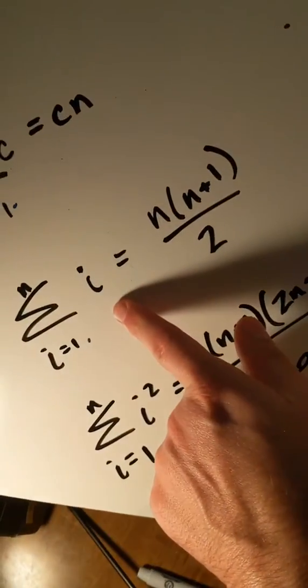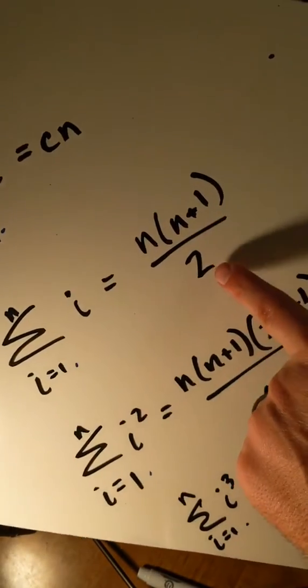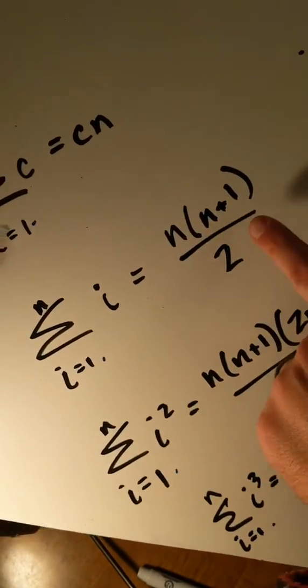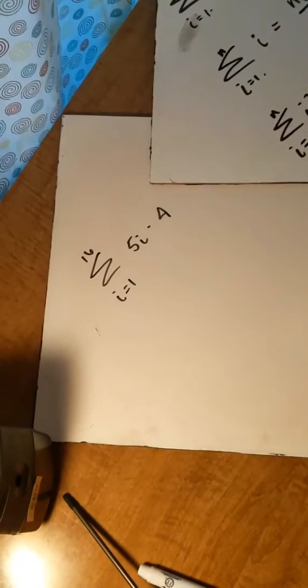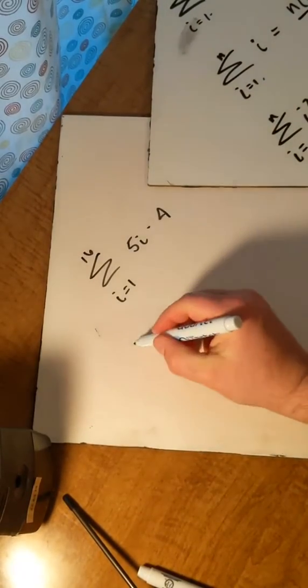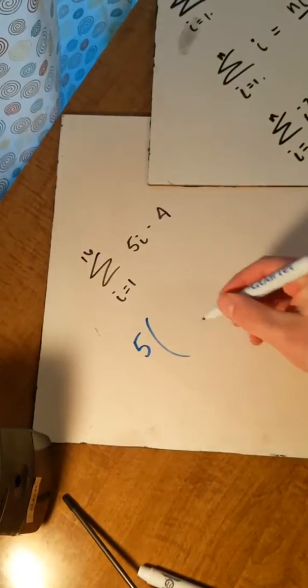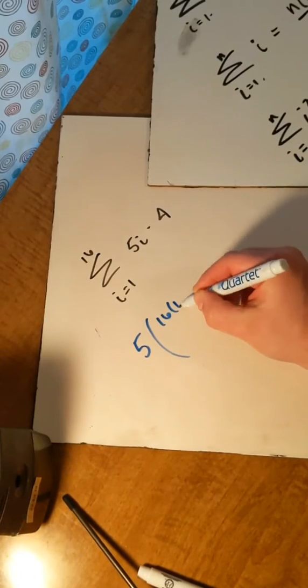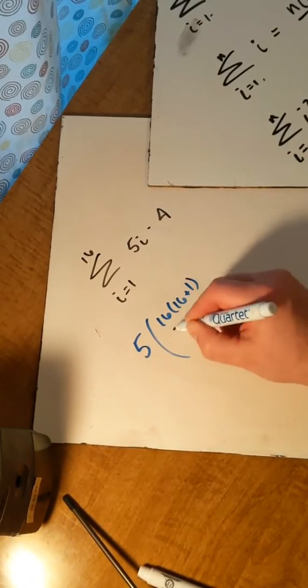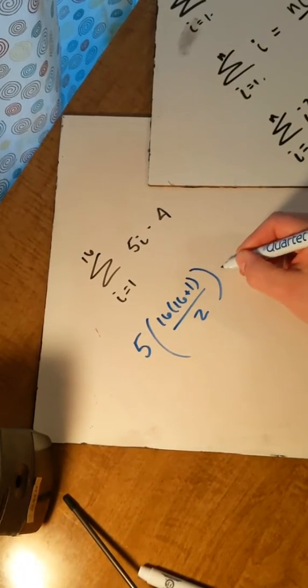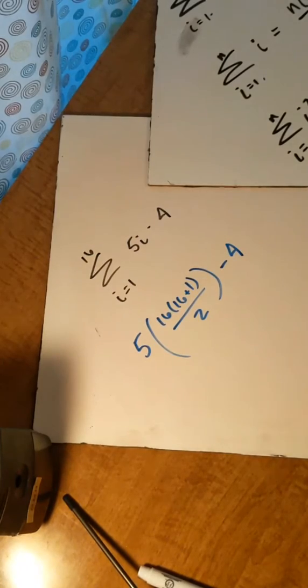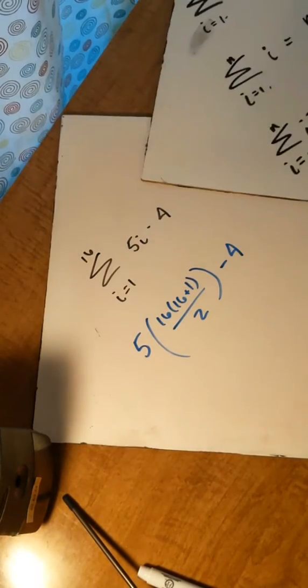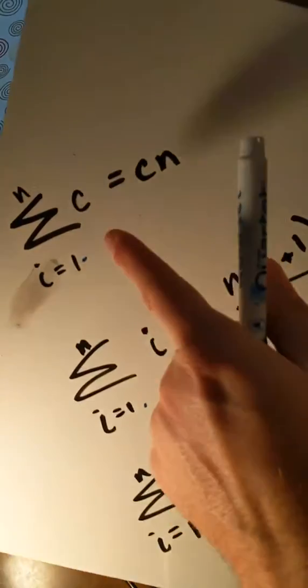So i is n times n plus 1 over 2. So we got 5 times 16 times 16 plus 1 over 2. Then minus 4. 4 is a constant number. So we're going to take that 4 and times it by n.